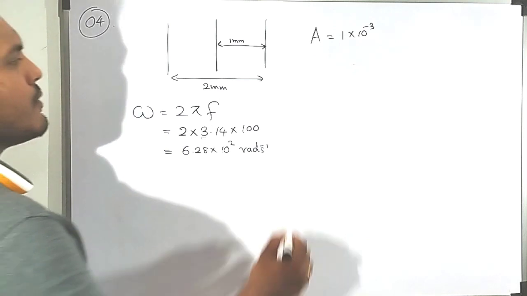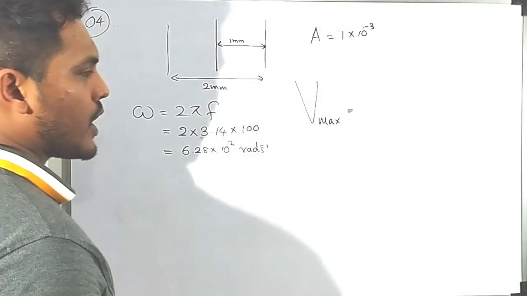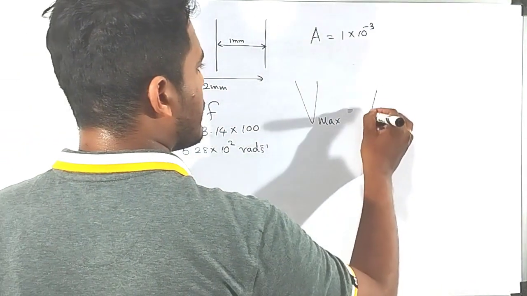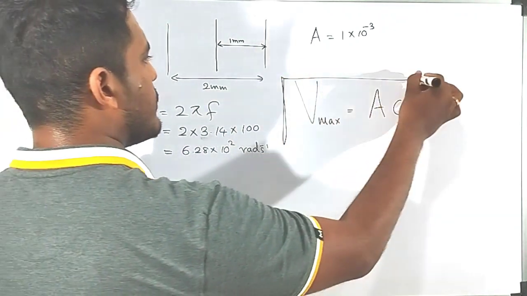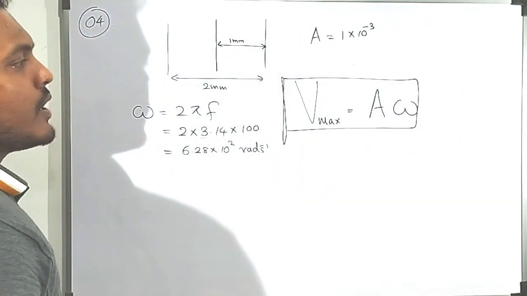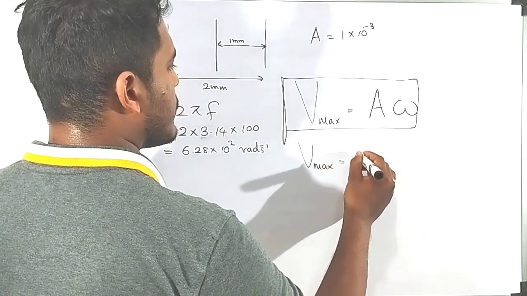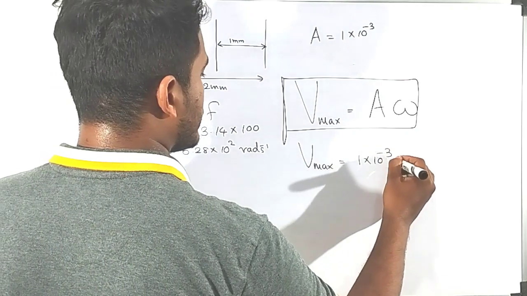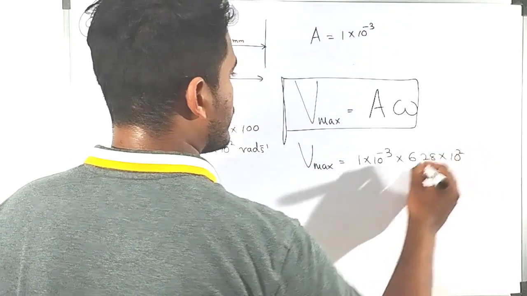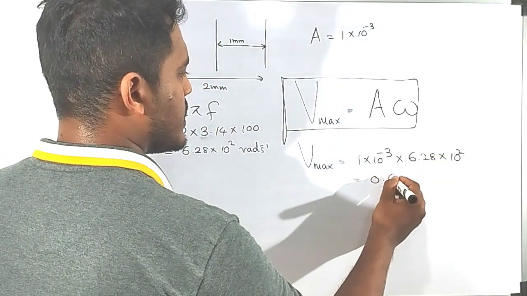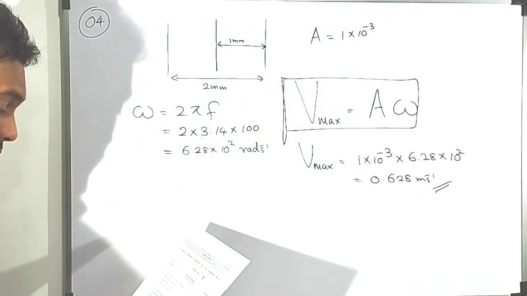According to the equation v equals r omega, Vmax will be amplitude A times omega. This is the theoretical equation. Vmax equals A omega, with amplitude 1 into 10 to the power minus 3 and omega 6.28 into 10 to the power 2. Then Vmax is 0.628 meters per second. Answer number is 2.